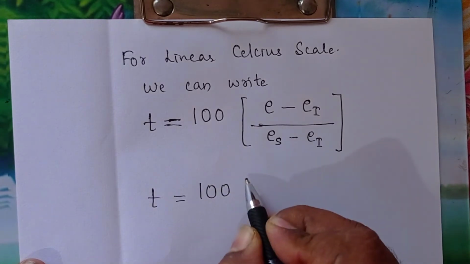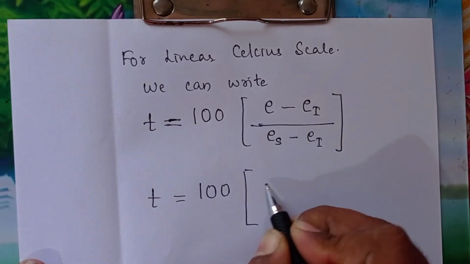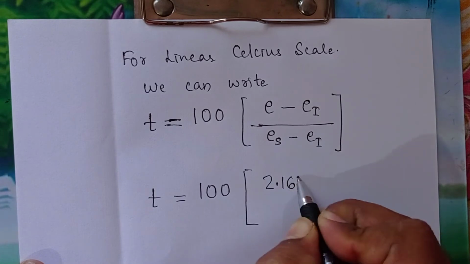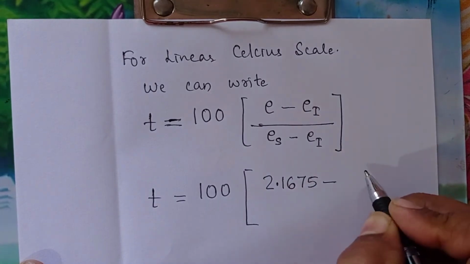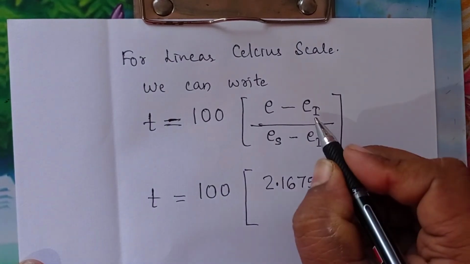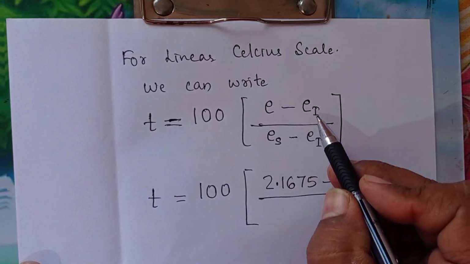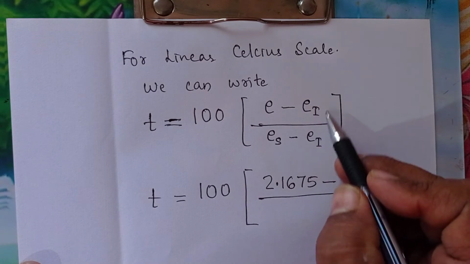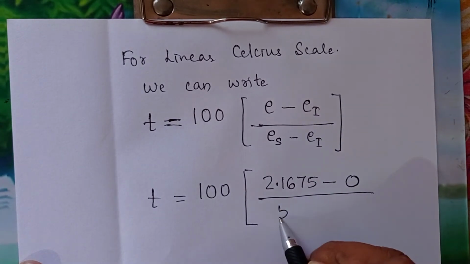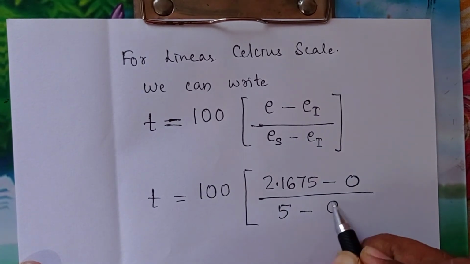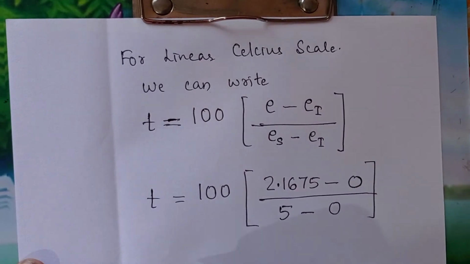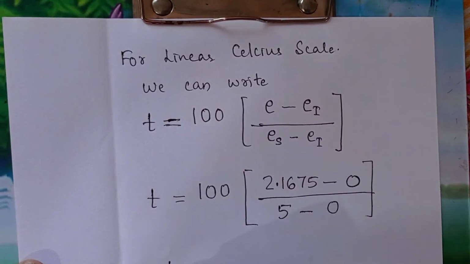So T will be equal to 100 into bracket. We have found out the value of E at 50 degrees centigrade is 2.1675, minus EI, which is 0, the millivolts at 0 degree centigrade or ice point, divided by, at steam point, 5 minus 0. Substitute this value and solve the equation.